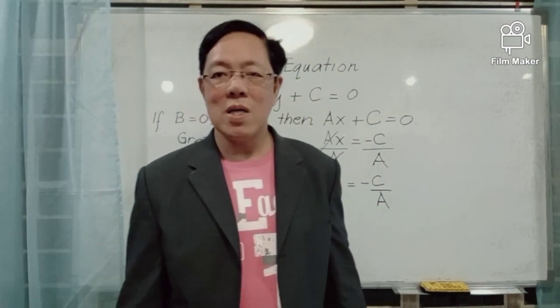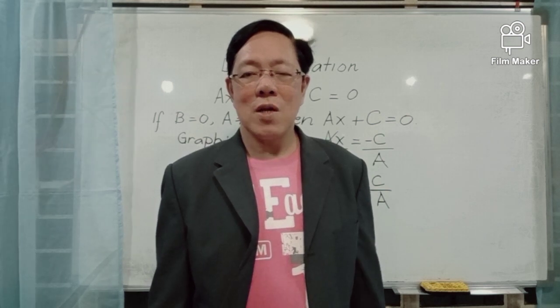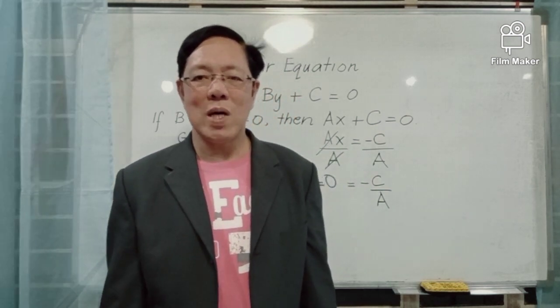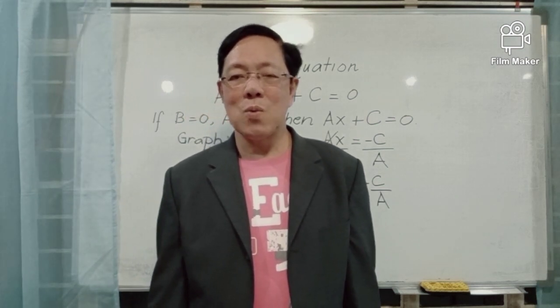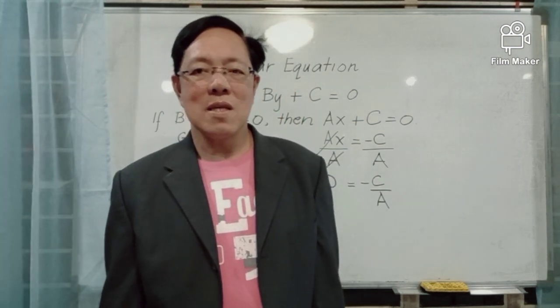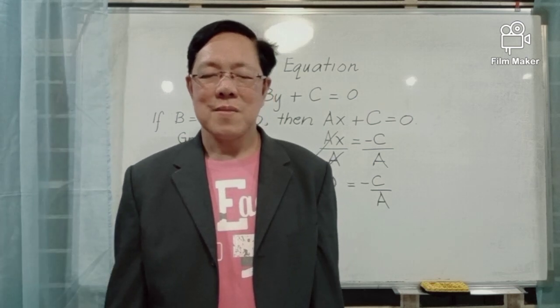Thus, if you have a linear equation in variable y, the graph of this linear equation in only one variable y is a horizontal line. This horizontal line will pass through a point on the vertical axis, or the y-axis, and it is perpendicular with the y-axis and parallel with the x-axis.